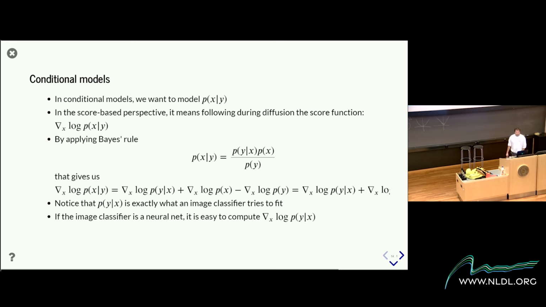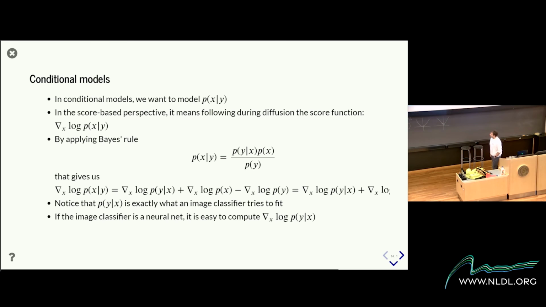So in the score-based perspective, this means following the diffusion, following this score function. So this is the score function of this posterior distribution. Okay, so you see that it's the same thing as before. The only thing now is that there is this conditioning on y.